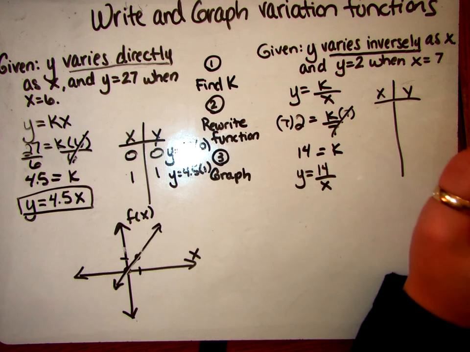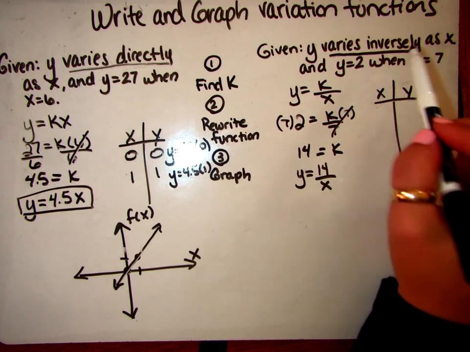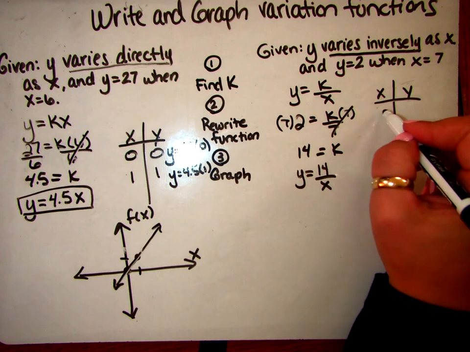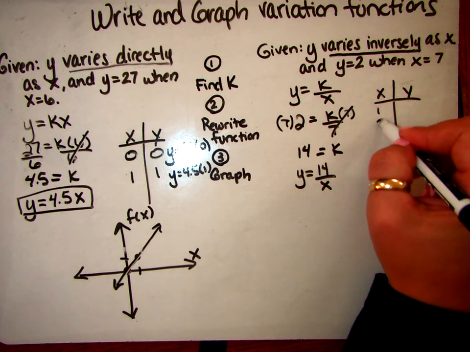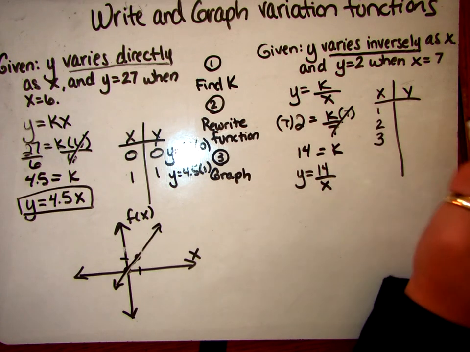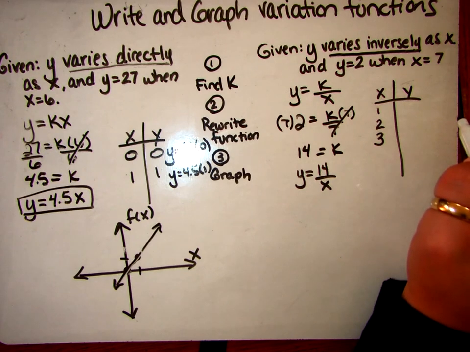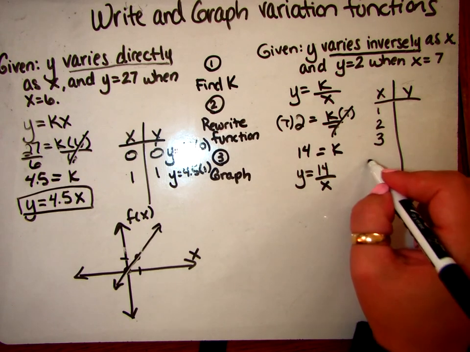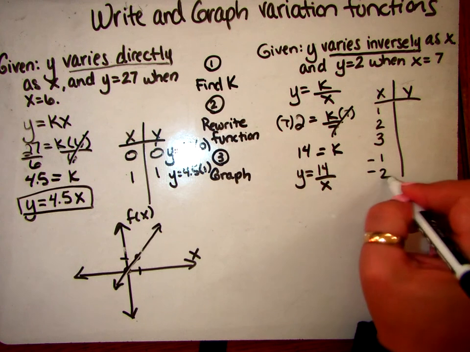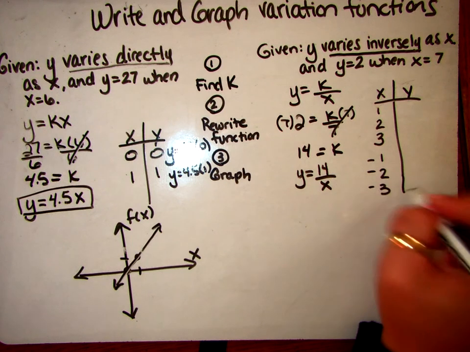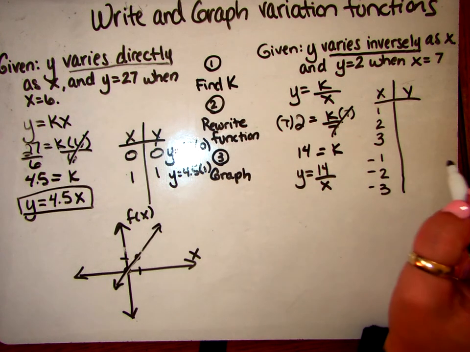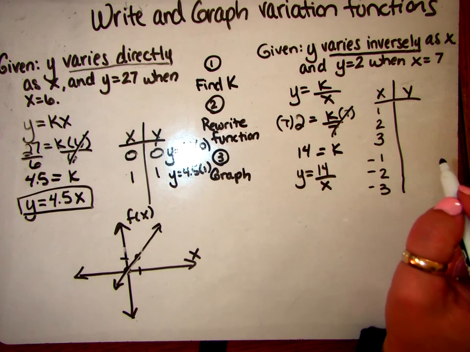Now, there is a difference with inverse variations. If I were to choose 1, 2, and 3, I need to do the opposite sign as well: -1, -2, and -3, because an inverse graph has 2 pieces, as you will see.